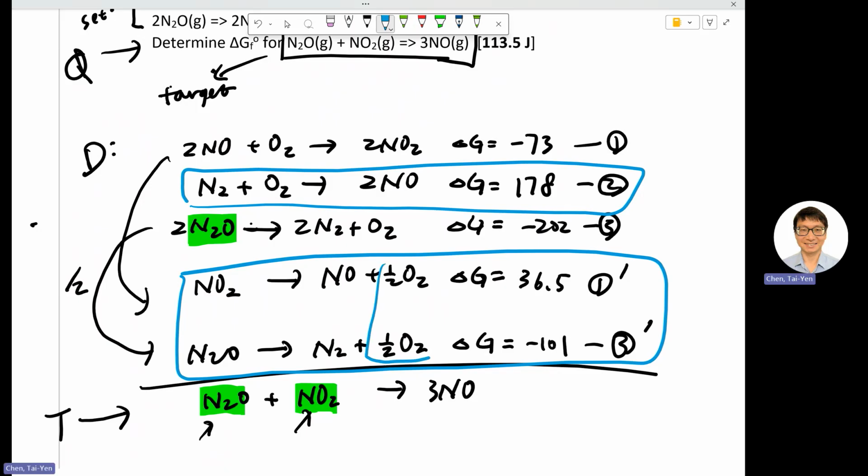Have O2 plus have O2. That gives you just O2, right? This and that are going to cancel out, right? N2 is going to cancel out.